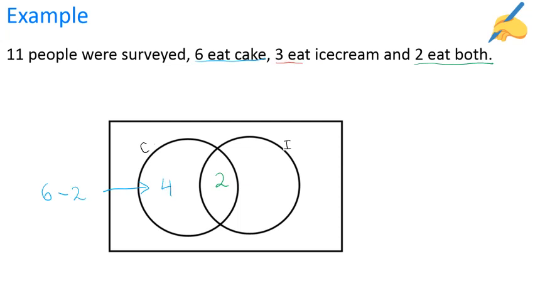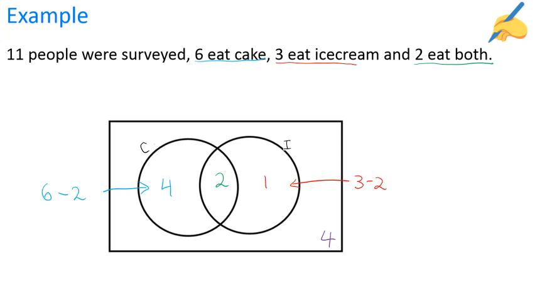And we've got 3 eat ice cream. So 3 minus 2, which is 1. Okay, if I'm adding this up now, I've got 4 plus 2 plus 1. That equals 7, but there were 11 people surveyed. So that means 11 minus 7, I've got 4 people that like neither. It wasn't stated in the question, but we've had to figure it out.